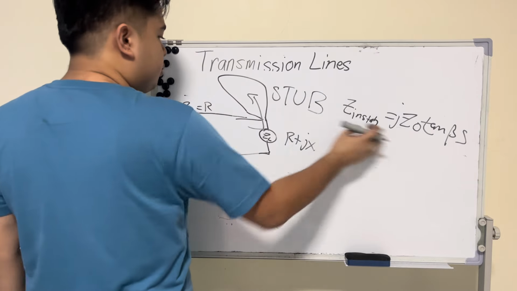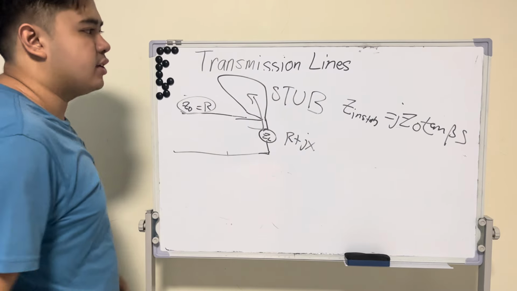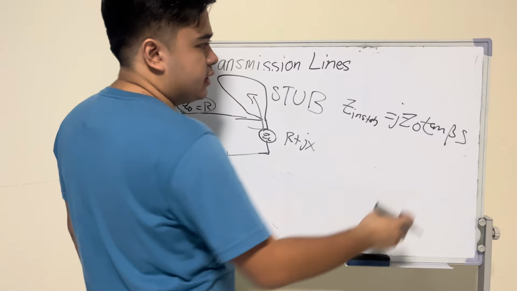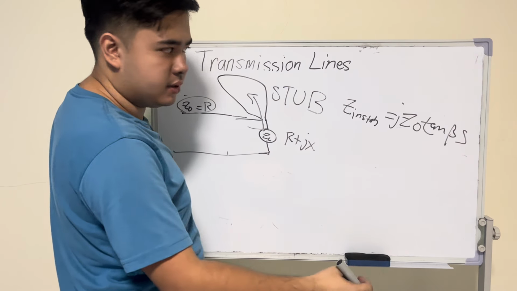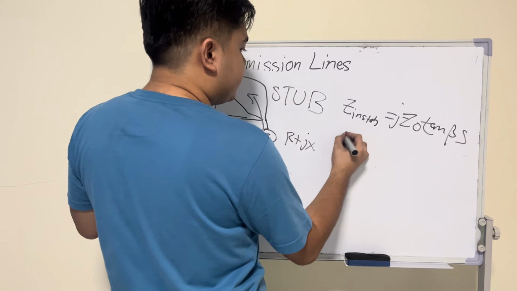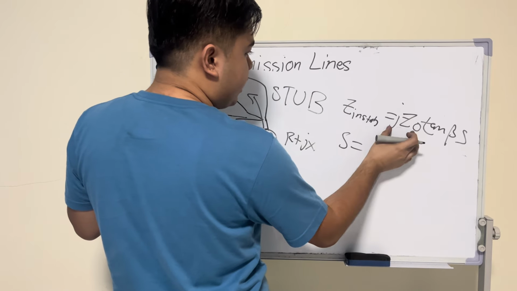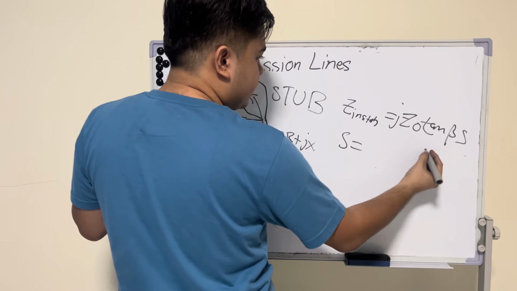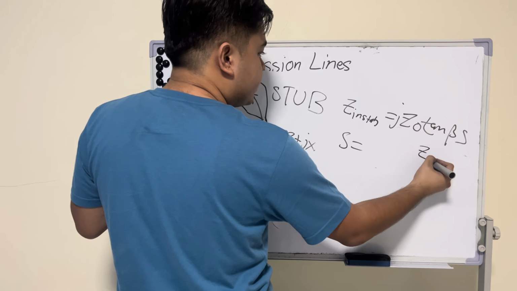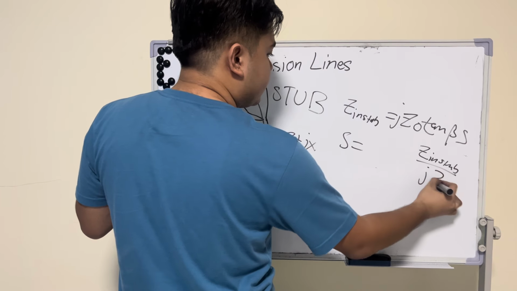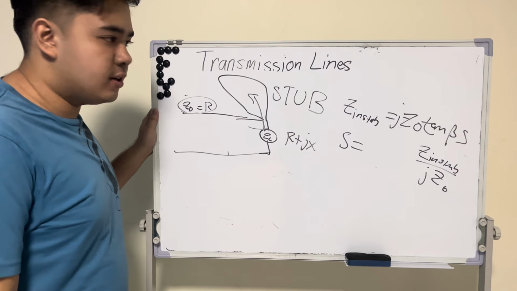The Z0 we will set as the same as earlier, and beta is 360 over lambda. S is what we want, alright? So S, what is S? First of all, we need to divide Z in stub by jZ0. So Z in stub over jZ0.